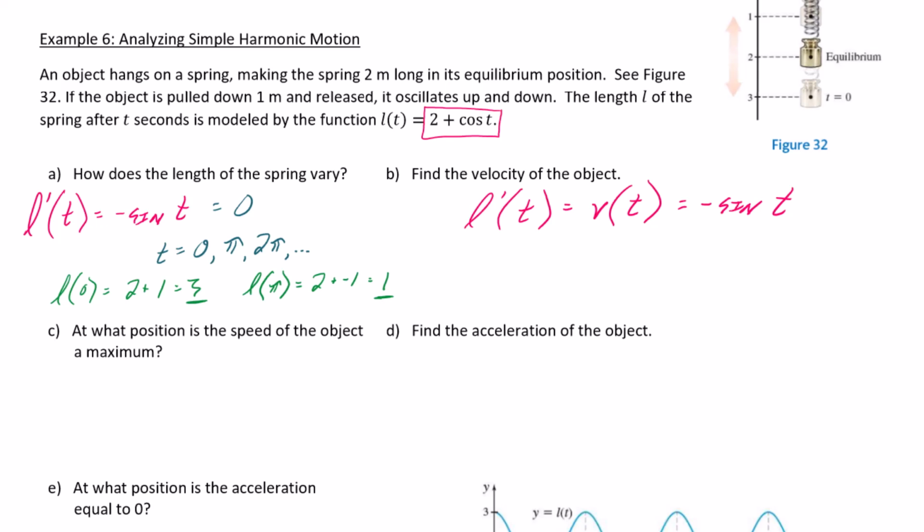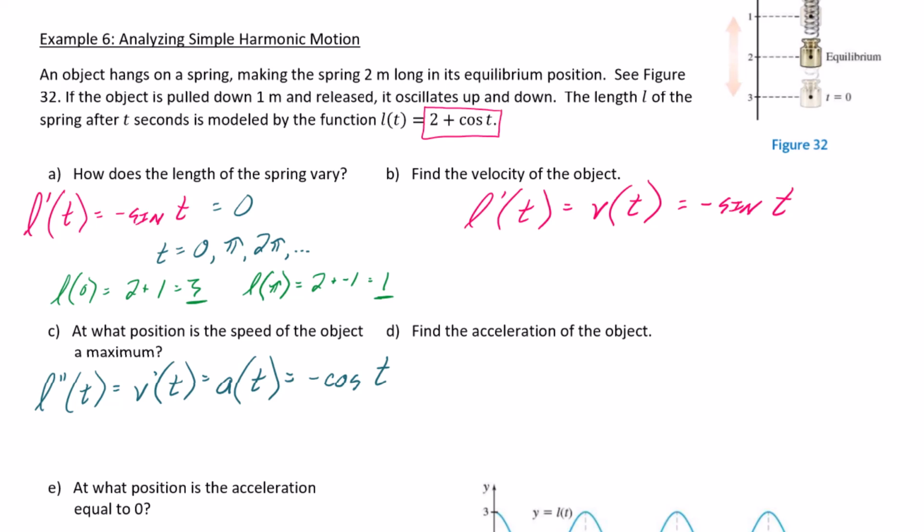So if we figure out the second derivative, L double prime of t would be the derivative of the velocity, which as a concept is the acceleration. If I do that with the negative sine of t I just left off with, it would be negative cosine of t as its derivative.